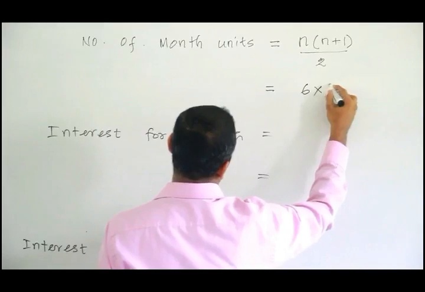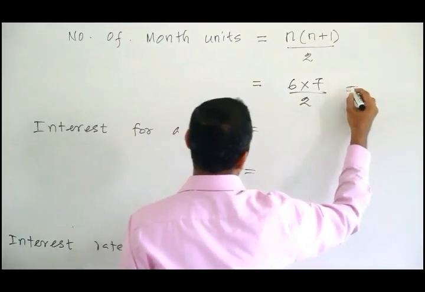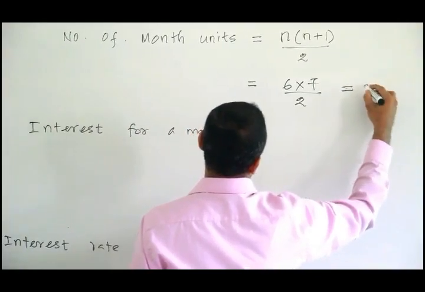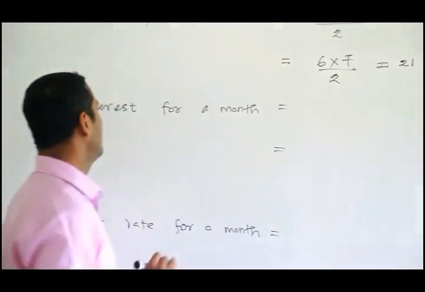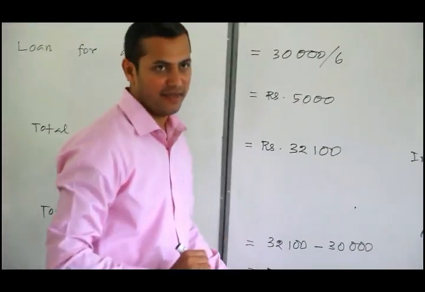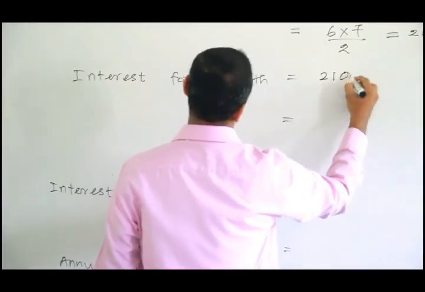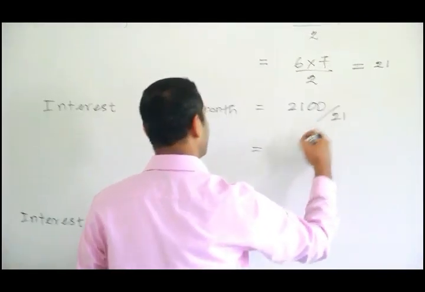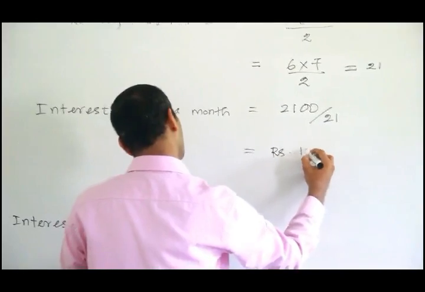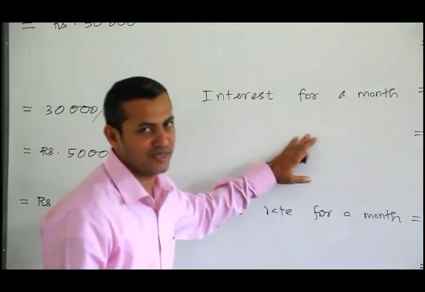Then 6 into 7 over 2. Then you can cancel and you will get 21. To get the interest for a month, we divide the total interest, 2,100, by 21. Then you get rupees 100. This is the interest for a month.